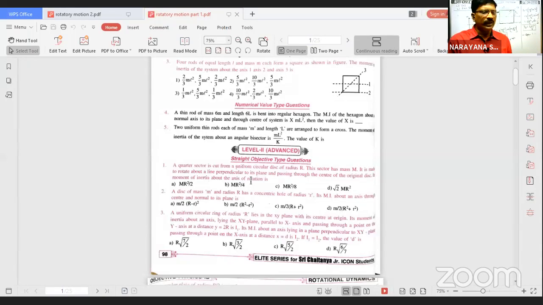Fourth problem. In which exercise did you ask? Level 1. Okay, in level 1, fourth problem. Okay, I will explain. It is a very, very important problem.